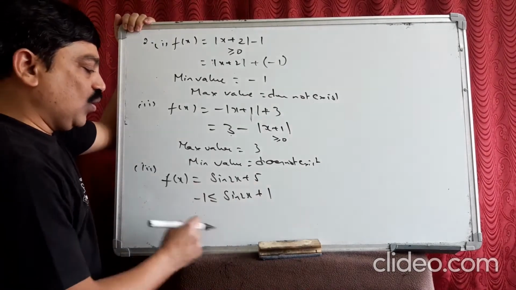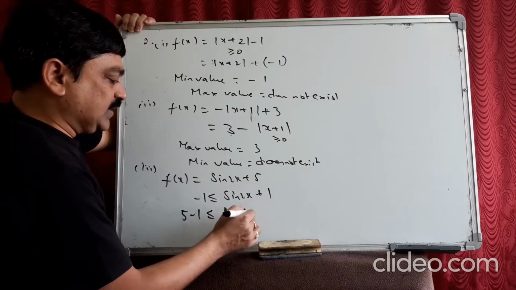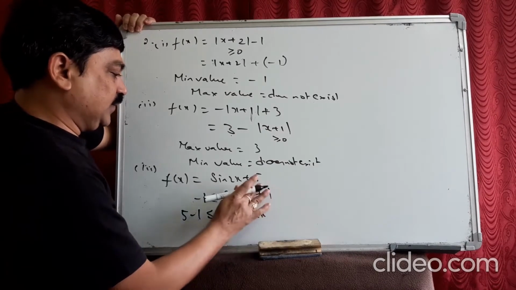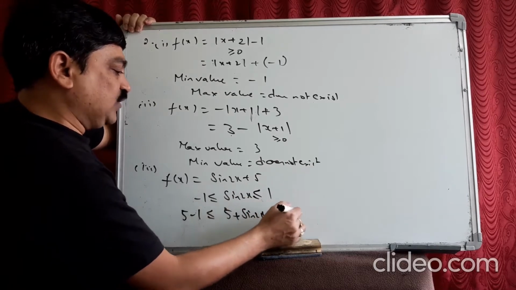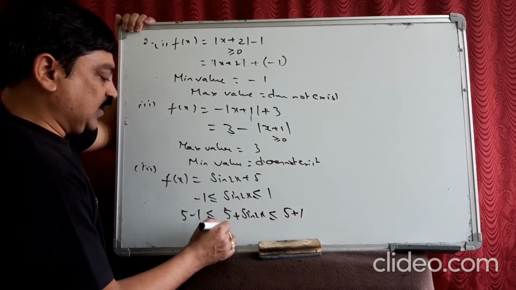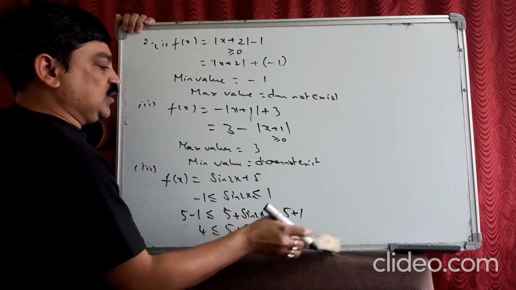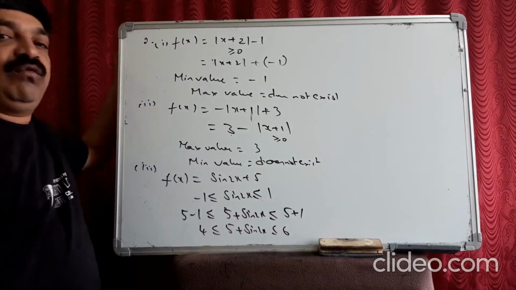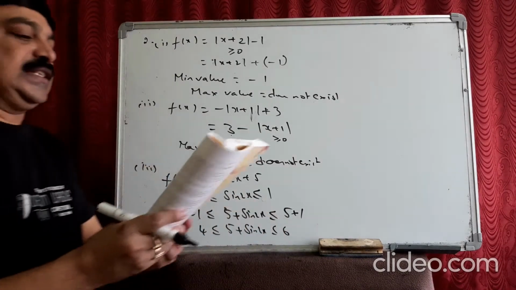Just add 5 on all sides. So 5 minus 1 less than or equal to 5 plus sin 2x less than or equal to 5 plus 1. So it becomes 4 less than or equal to 5 plus sin 2x less than or equal to 6. So the minimum is 4, maximum is 6 directly.